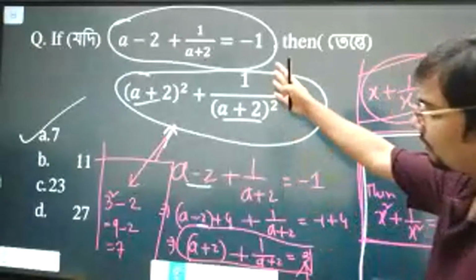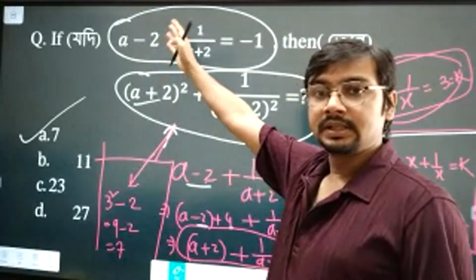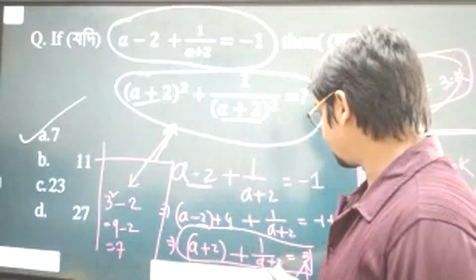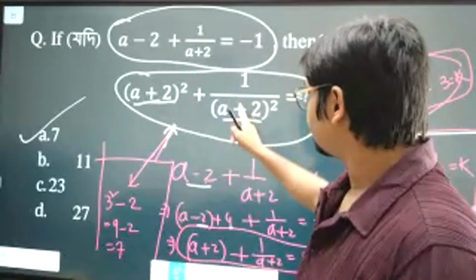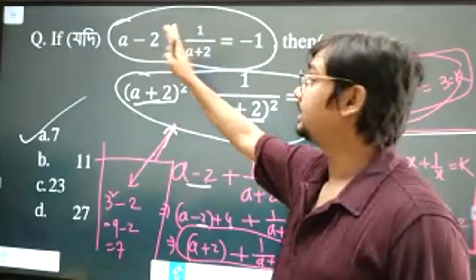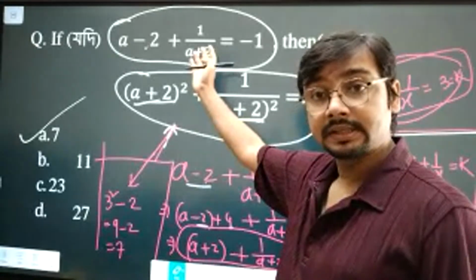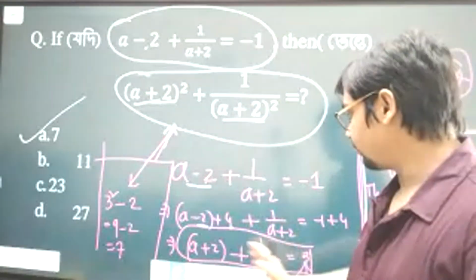Okay, do you have any doubt here in this expression? Here you see the given expression. Just try to reduce this expression into this way, x plus 1 upon x is equal to 3, because in this expression here we need 2, here also we need 2, so that's why you try to make here a plus 2. Here already a plus 2 is given, right? And you add 4 on both sides, you will get this one.